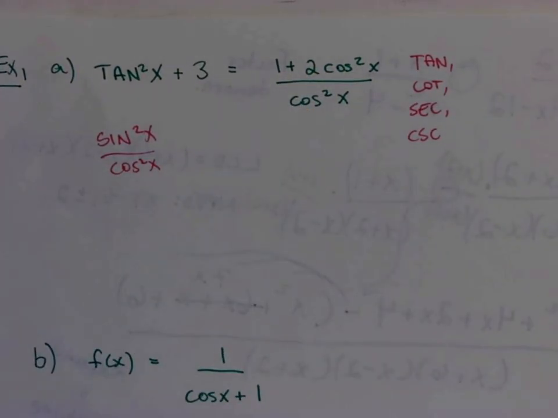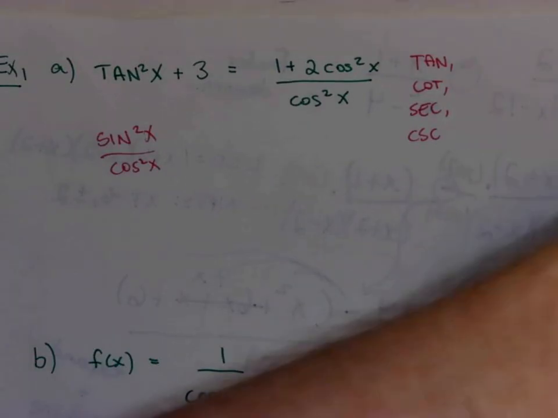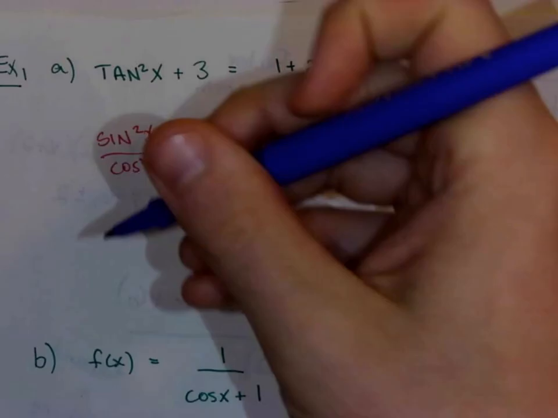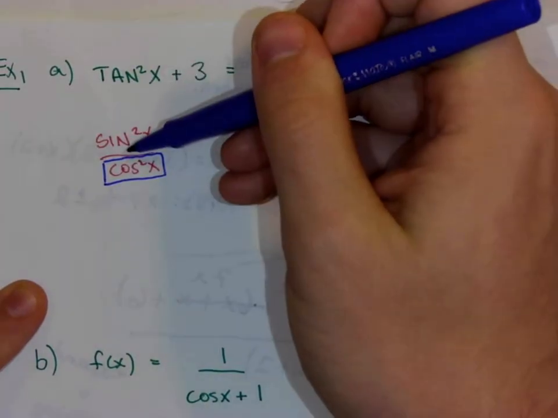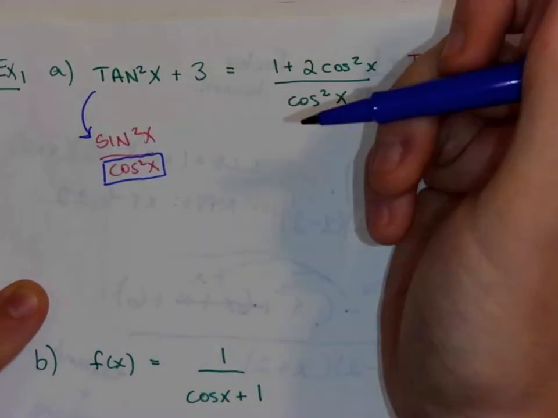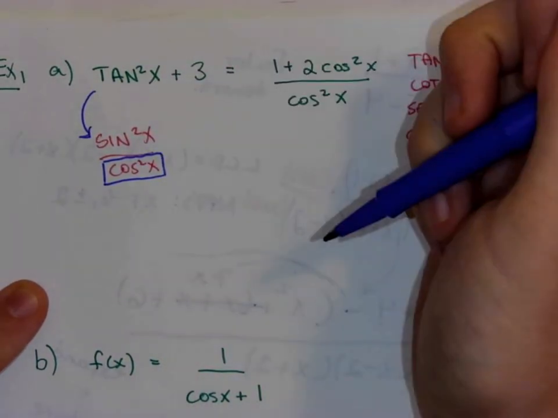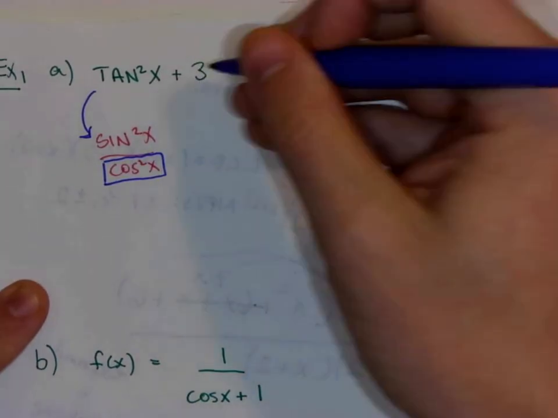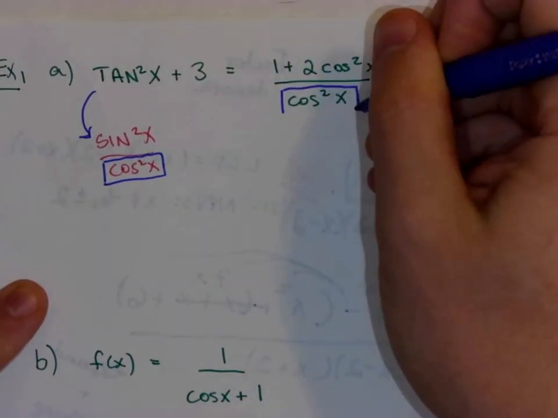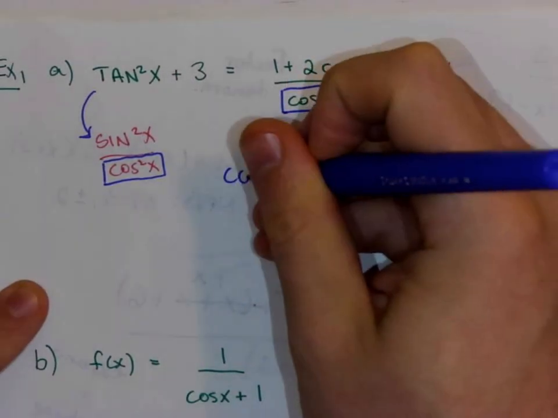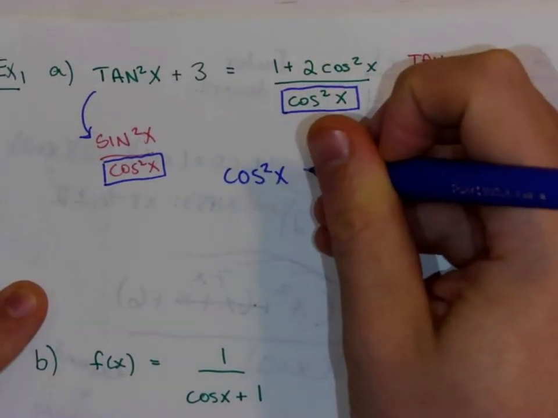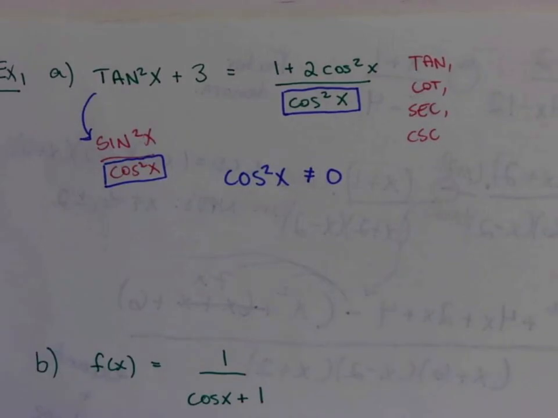What I need to do now is pick out any denominator situation. That would mean cos squared x here, because tan is the same as sine over cos. So I'm dividing by cosine there, and then there's a division by cos squared x here. So the only thing I care about is cos squared x not being equal to 0.